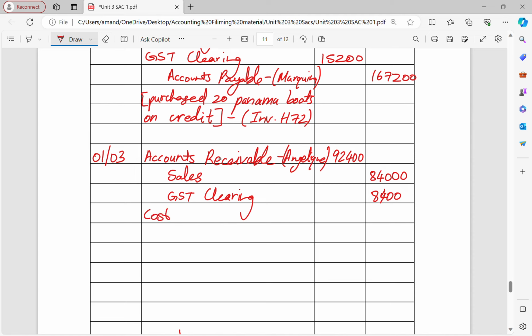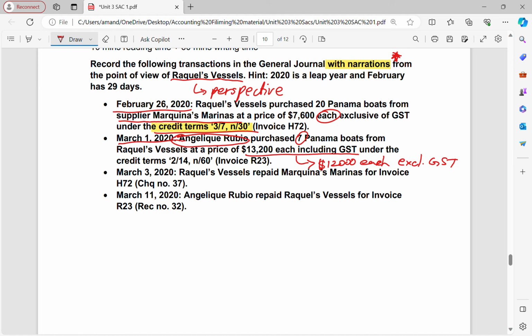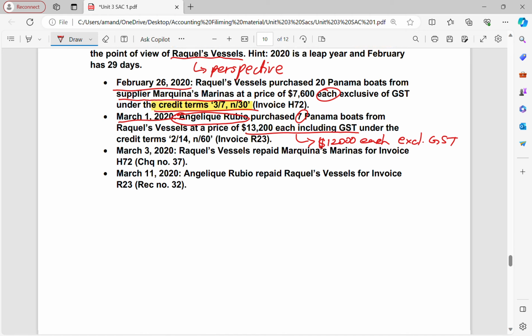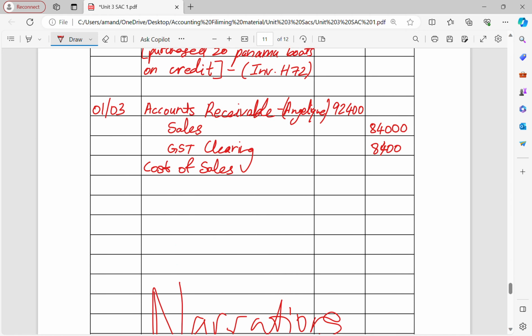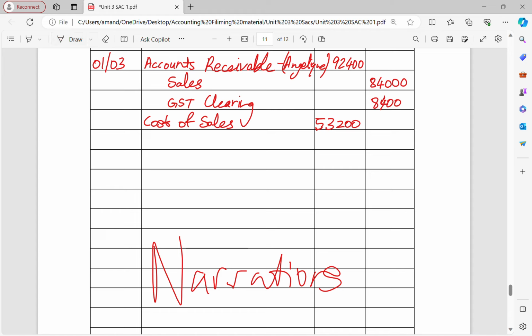And then my cost of sales here. Expense is going to increase by, I think, we know the cost price from earlier, 7,600, right? 7,600 times 7, 53,200.